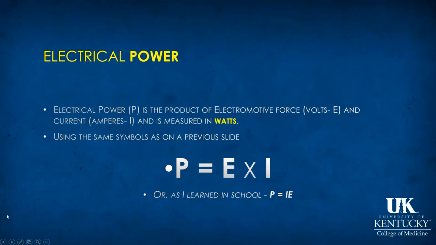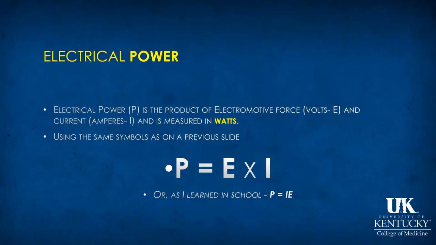The next physical formula in electricity is that power is the product of volts and amperes and is measured in watts. This formula is abbreviated P equals E times I, or as I learned in school, P equals IE, pi. Different kind of pi.